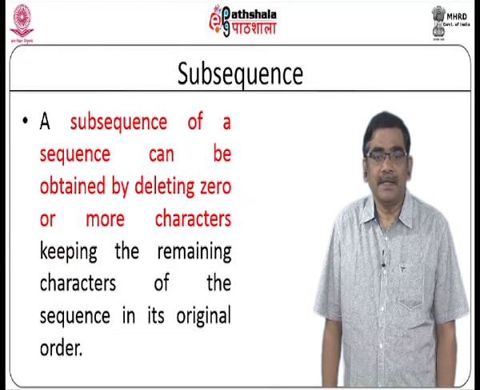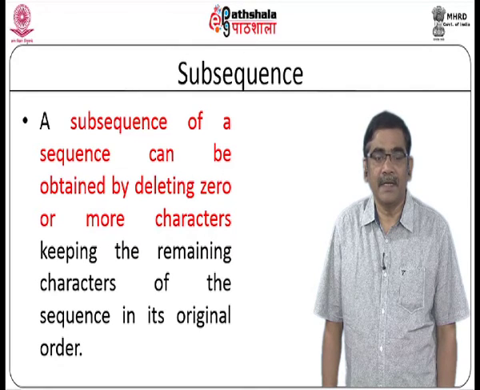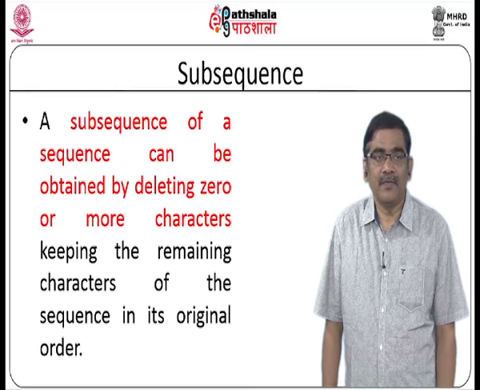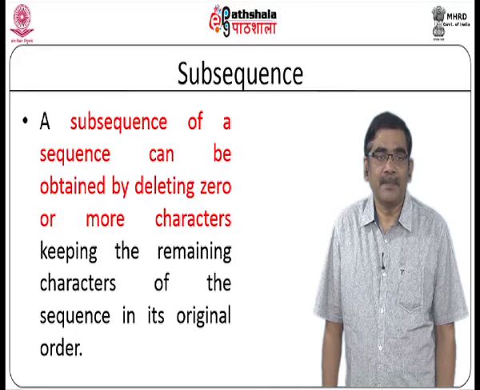The subsequence is obtained by deleting zero or more characters, keeping the remaining characters of the sequence in the original order. For example, if food is the string, then I can delete zero or more characters to get a subsequence. If I delete F, then OOD is a subsequence of food. Similarly, I can delete FOO and D is a subsequence of FOOD.